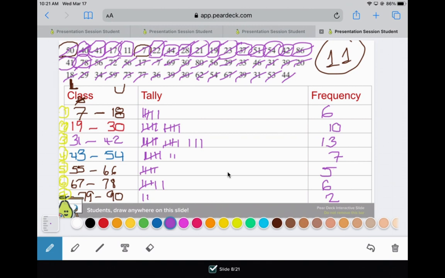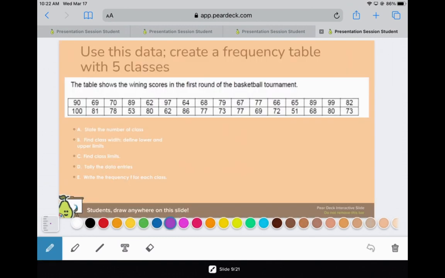Thank you. Okay, all right, so let's do another one together. That's what we're going to do for this class. For the next couple of days, we're going to look at tables. So let's look at this one. We have this data.